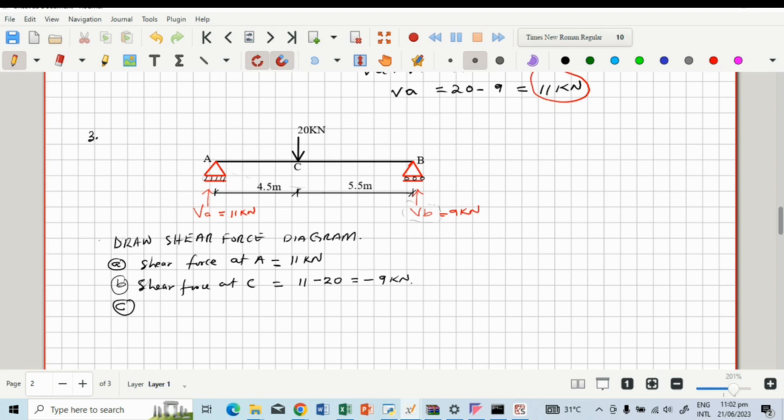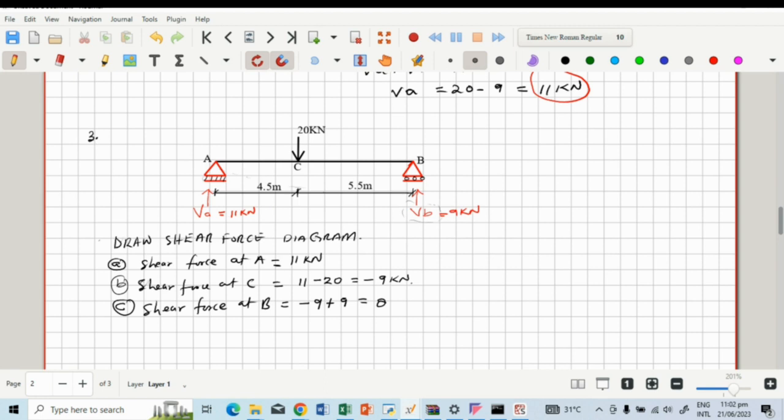So we'd have to consider the shear force at B. The resultant shear force, remember we have a 9 kilonewton force from point C. So when it gets to B, the resultant shear force will be this 9 kilonewton, and then this vertical reaction at B. And since it's an upward force, it's going to be positive, so plus 9, and that will give us 0.